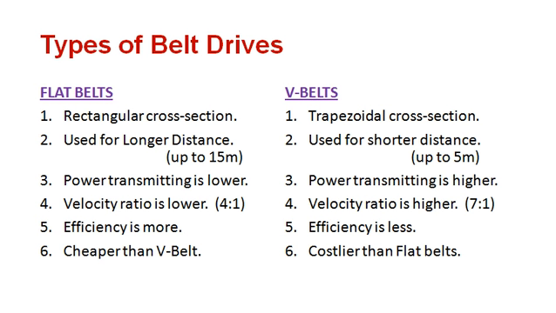Power transmission is lower in the case of flat belts, higher in the case of V belts. The velocity ratio we can maintain is lower, up to 4:1 for flat belts, and we go up to 7:1 for V belts. Flat belts are more efficient, V belts are less efficient. Flat belts are cheaper than V belts, meaning V belts are costlier than flat belts.